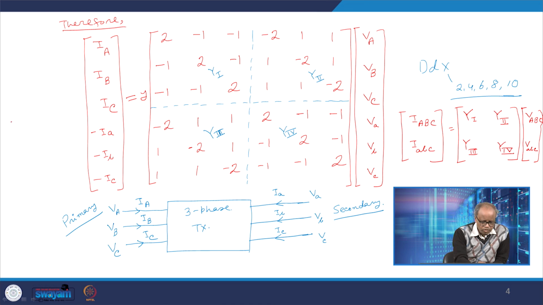So far we have done the modeling of the series impedance of a transmission line. So far what have we modeled? We have modeled the series impedance of the transmission line, then the shunt charging susceptance. We have also modeled that of a transmission line. So these are all basically for the transmission line.